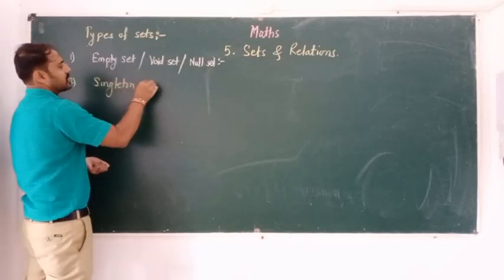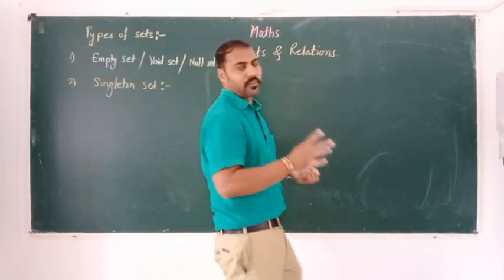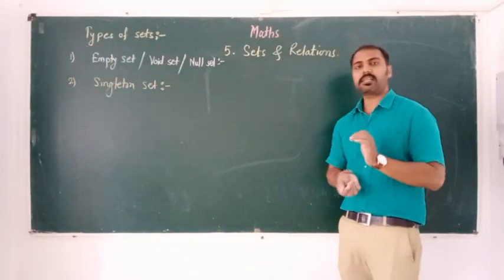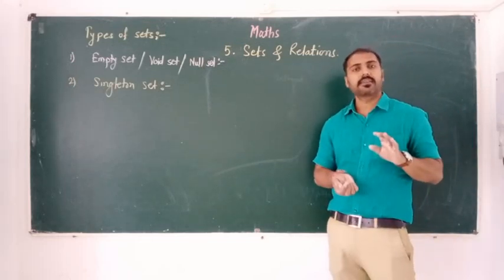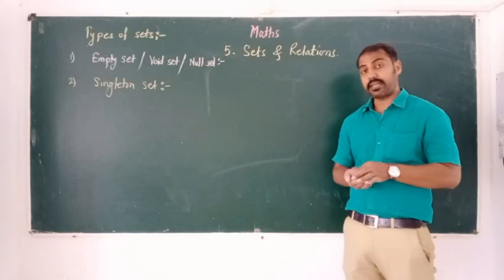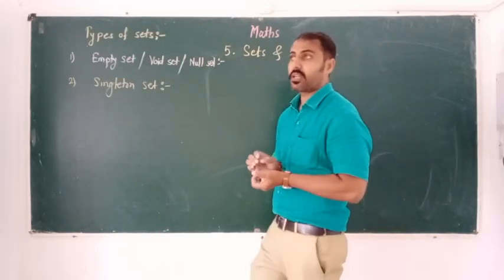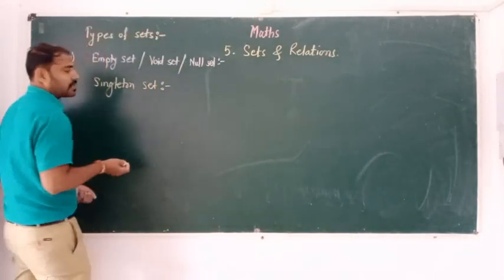Singleton set. What is meant by single? Only one. So a singleton set is nothing but a set containing only one element. That set is called a singleton set.